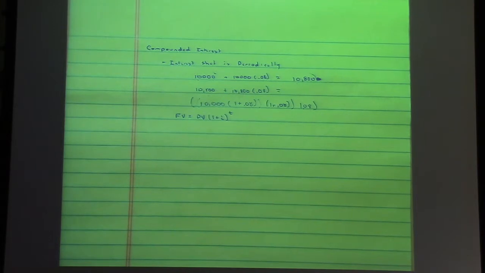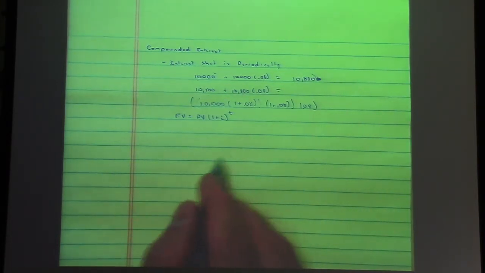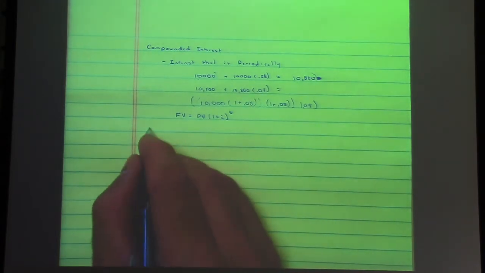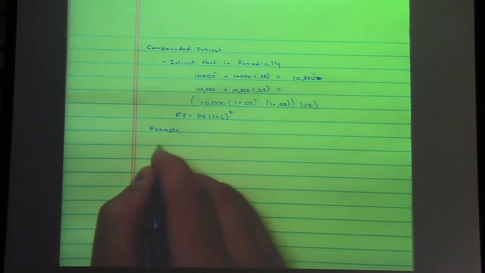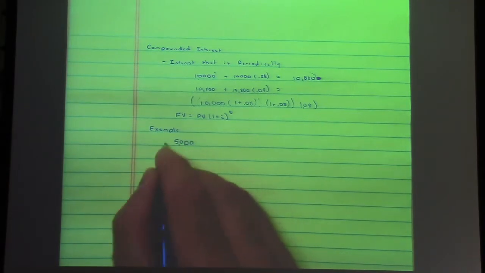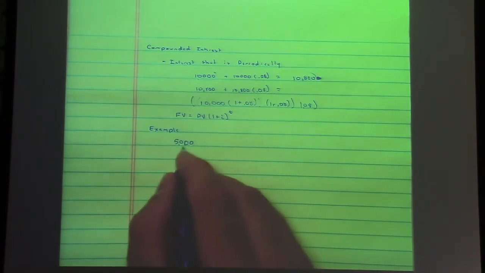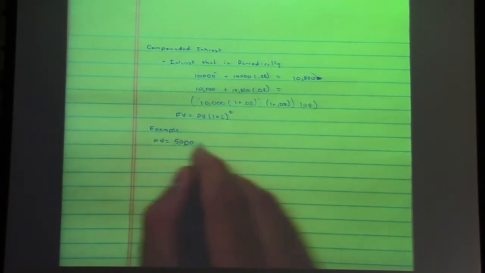Okay, so let's take a look at this. As an example, say that we have a $5,000 loan that we take out, that represents our present value. We're calculating the future value.